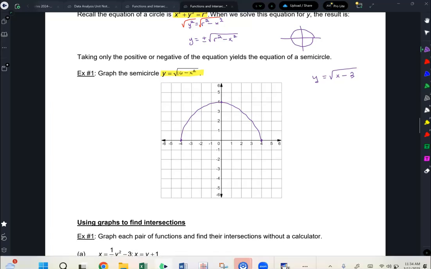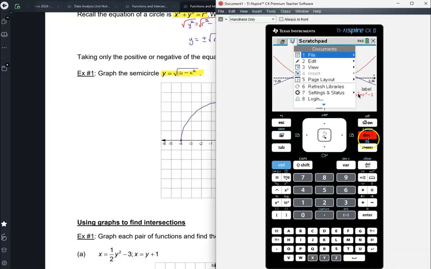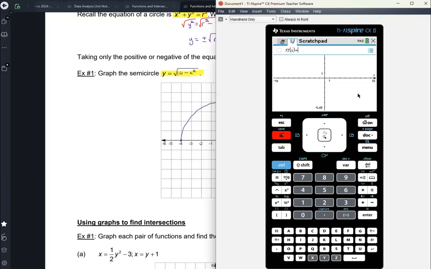If I graph the square root of 16 minus x squared, it's a semicircle. However, if I do x squared minus 16, it's a whole different thing. It is not like, oh, my bad. It's a very different thing.